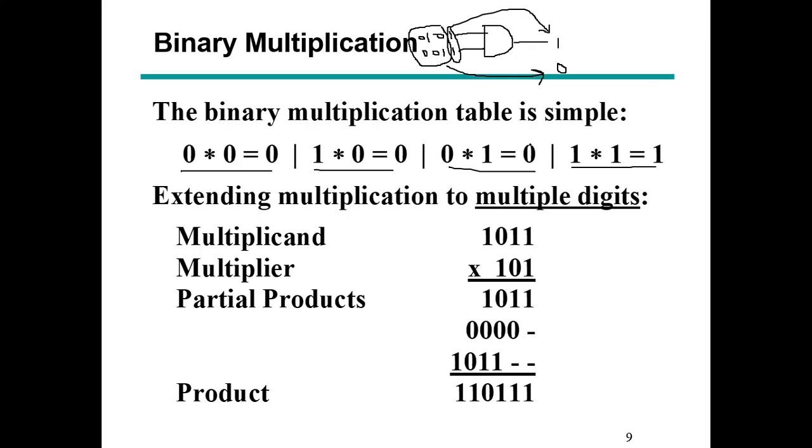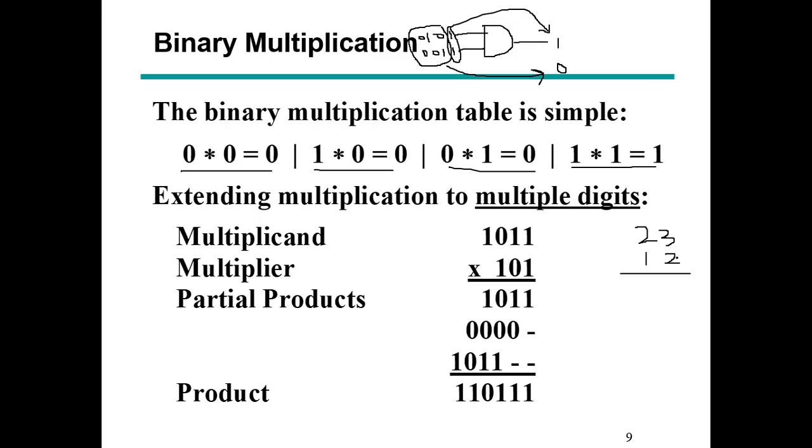Now how to extend multiplication to multiple digits? In order to extend multiplication to multiple digits, just like you do it in decimal, for example, if you have these two decimal numbers, 223 and say 12. So what do you do?